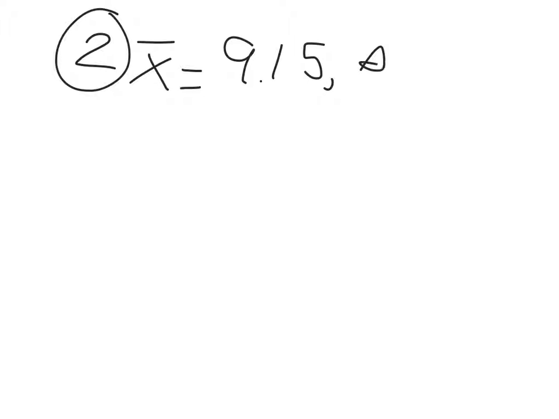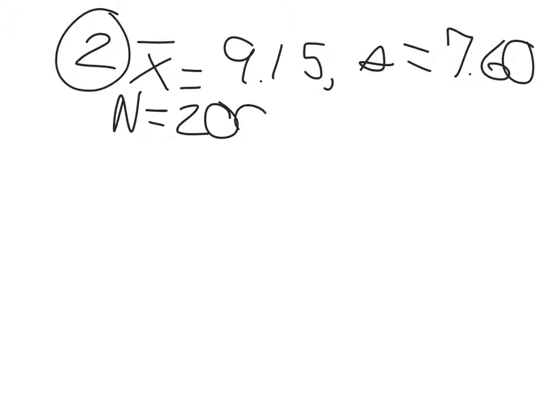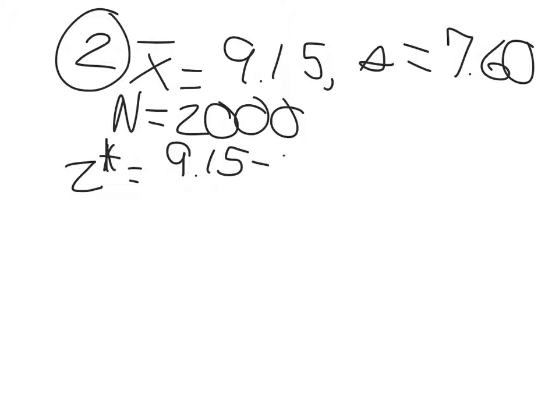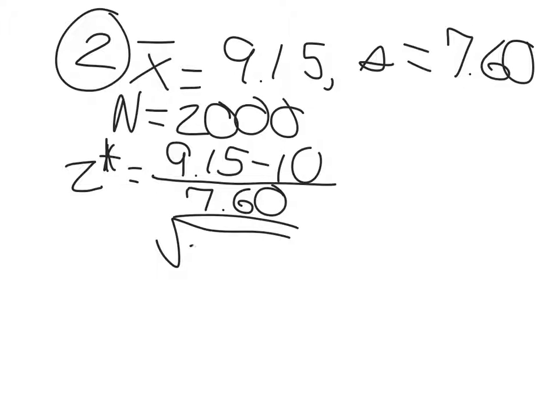Then in step 2, what do we know? X bar is 9.15. Script S, which is standard deviation, is 7.6. And N is 2000. So when we put our Z star together, we have 9.15 minus 10 over 7.60 all over the square root of 2000.